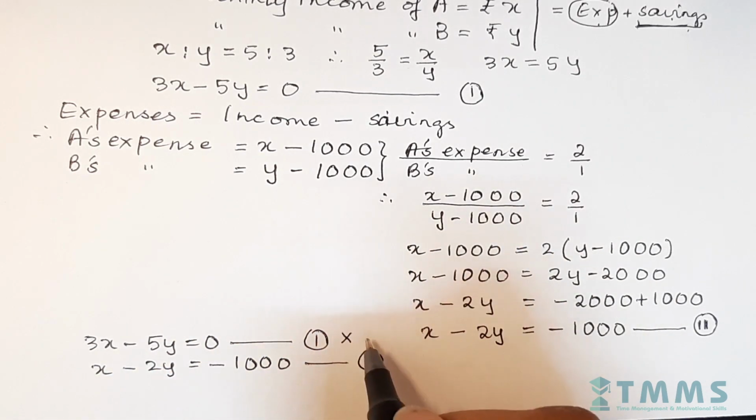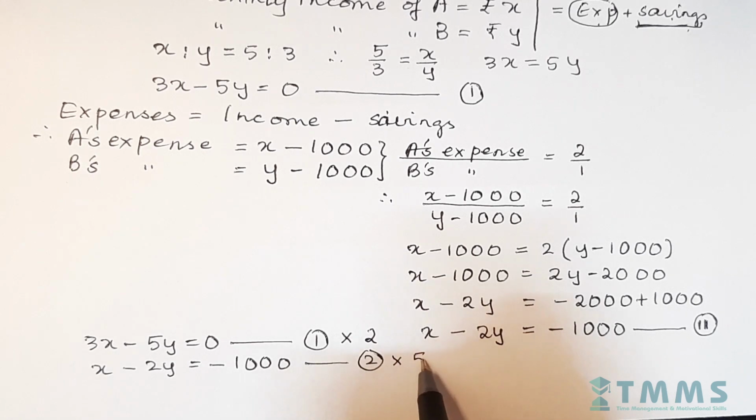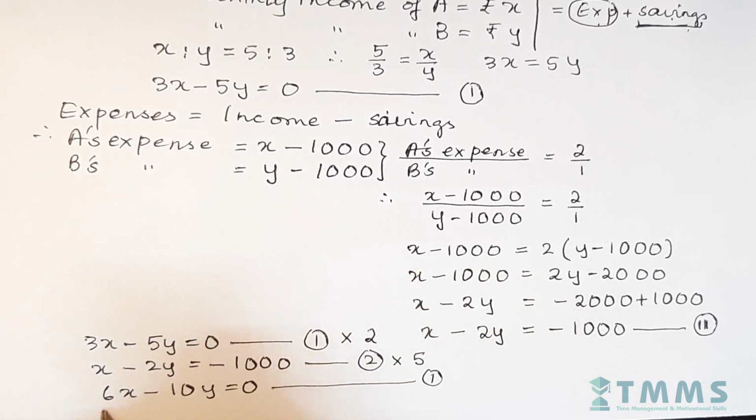So what shall we do? Multiply this by 2 and multiply this by 5. And so you will have 6X minus 10Y equal to 0, which is our equation 1. And our equation 2 becomes 5X minus 10Y is equal to minus 5000.